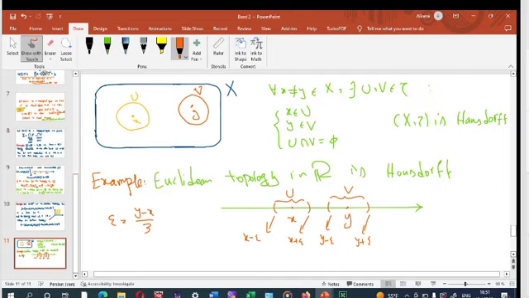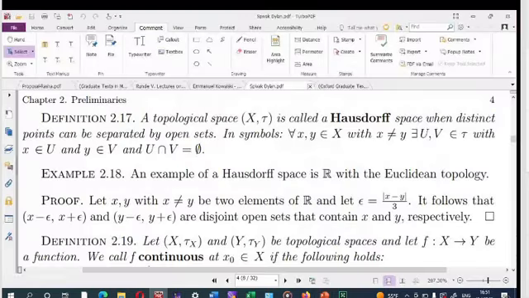These two open sets have these properties. Okay, you see this in this example.